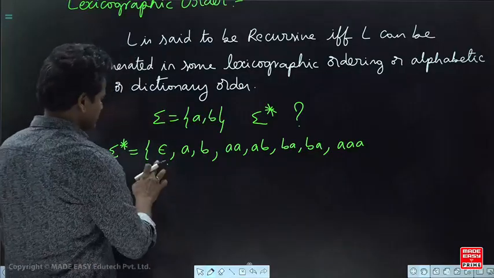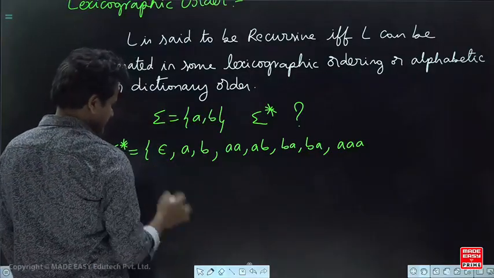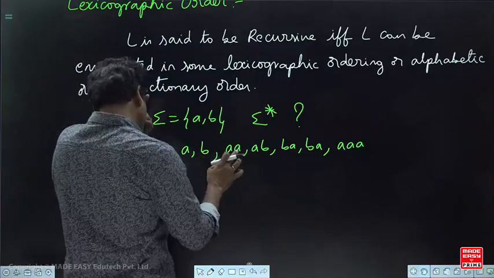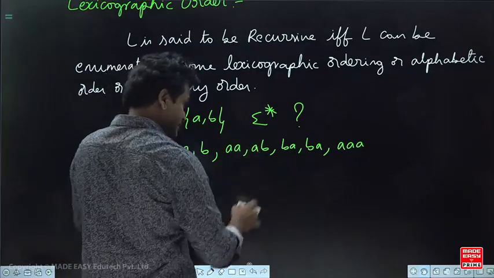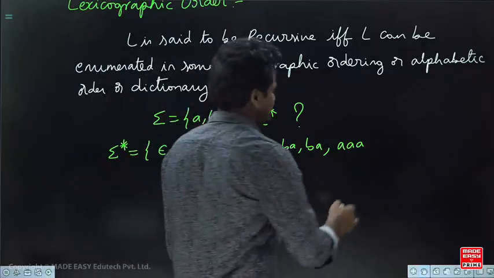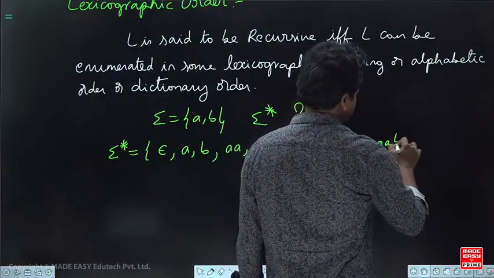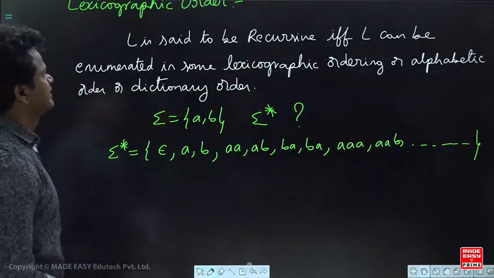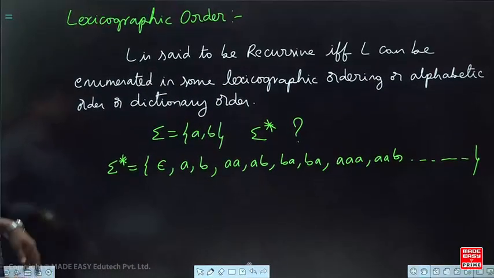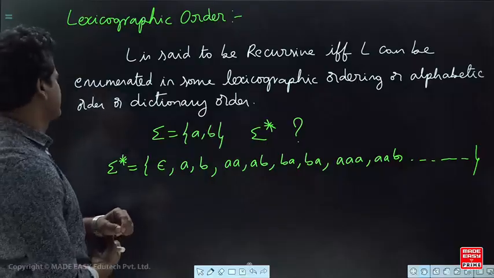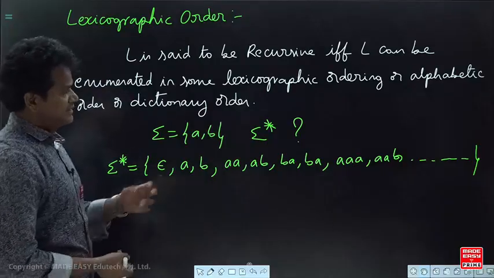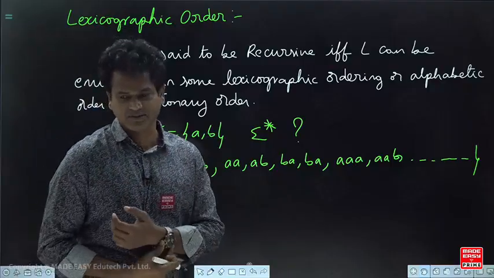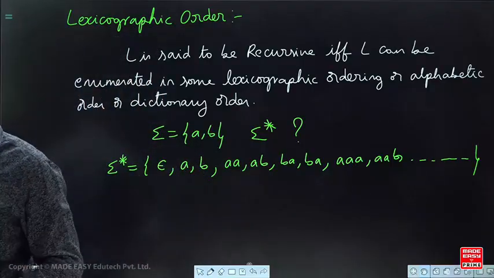So first length 0, epsilon, then length 1, A, B, length 2, AA, AB, BA, BB, then triple A, then double A, B. Like this. So a language is said to be recursive if it is enumerated in some lexicographic order, some enumeration procedure.